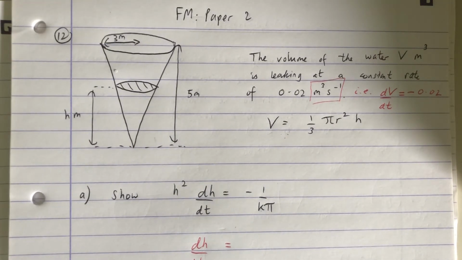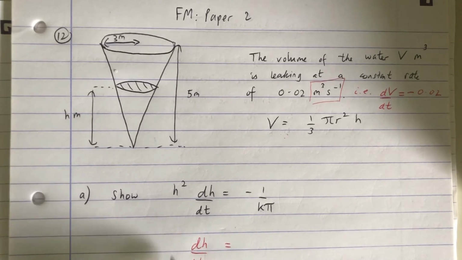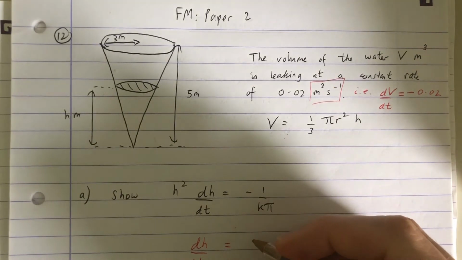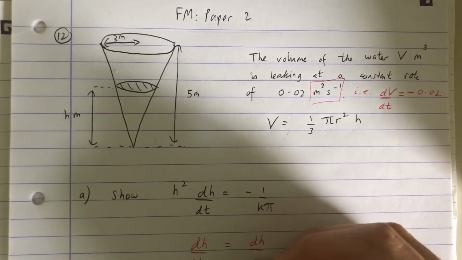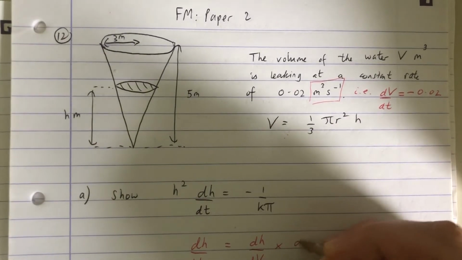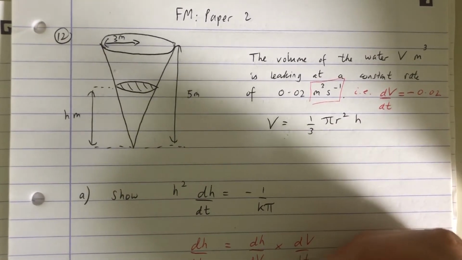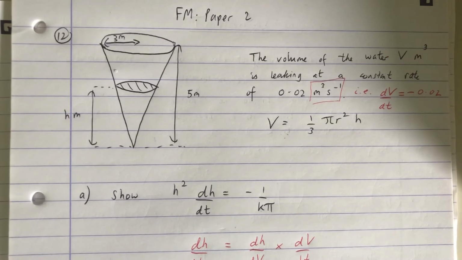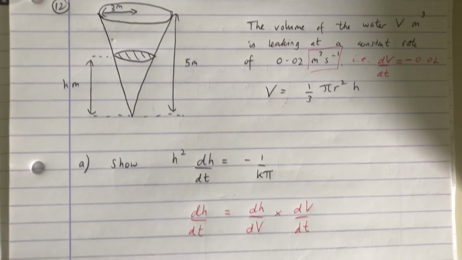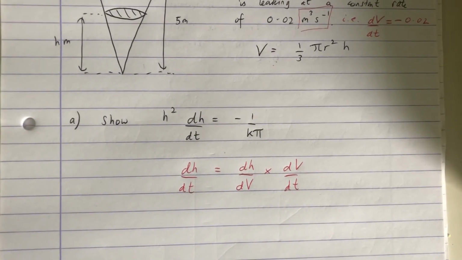And the letters which have been used are V, T and H. Now, how else could I rewrite dH by dt? Well, in terms of V's, T's and H's, it could be dH by dV times dV by dt. And that is the chain rule. And that is the connected rates of change in this question.